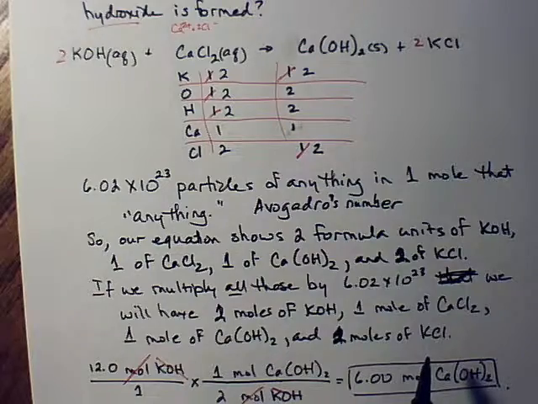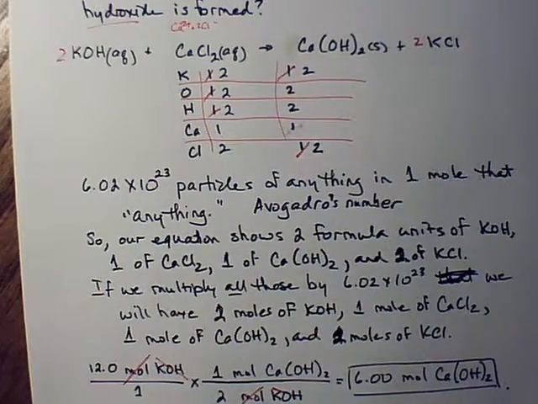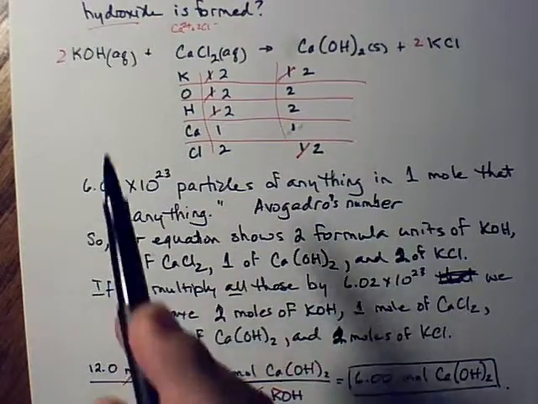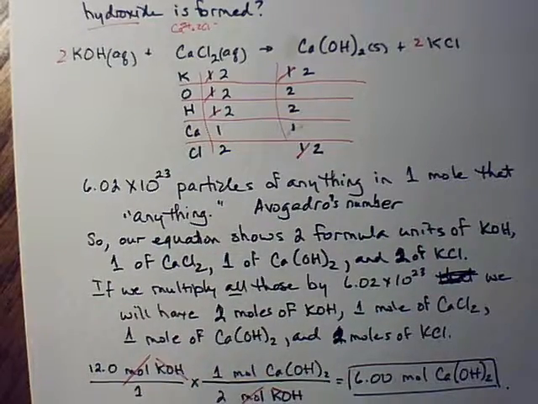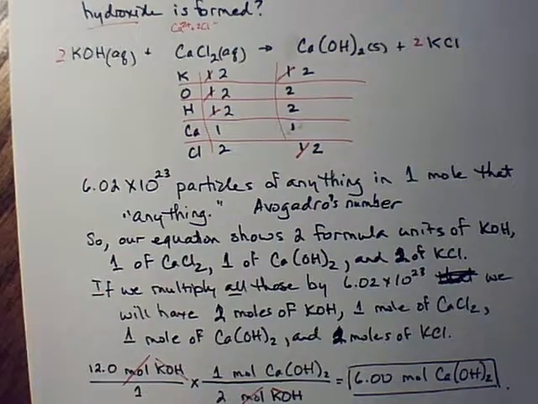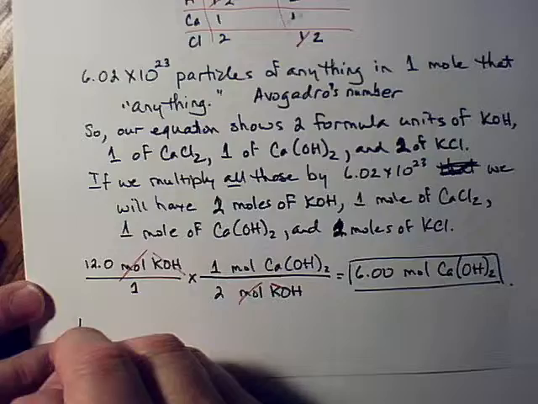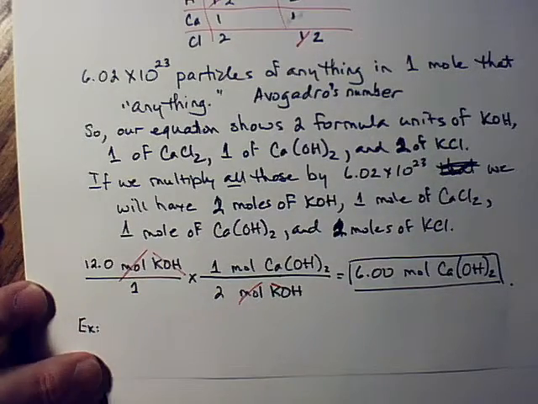What? You want to do that? You want to multiply all those by Avogadro's number? Yeah, let's do it. All right, I'll just do one of them, okay? I'll do KOH. Got it?